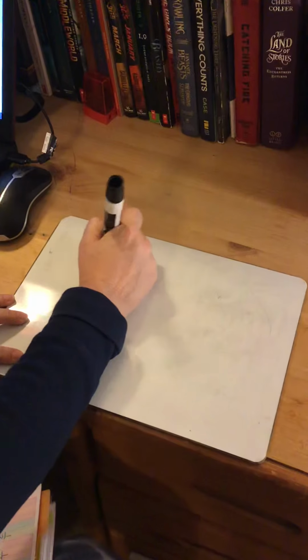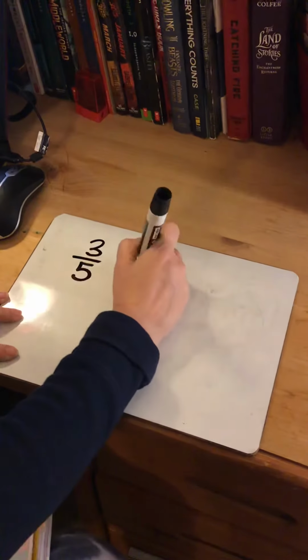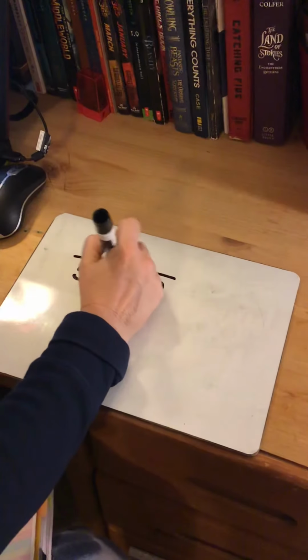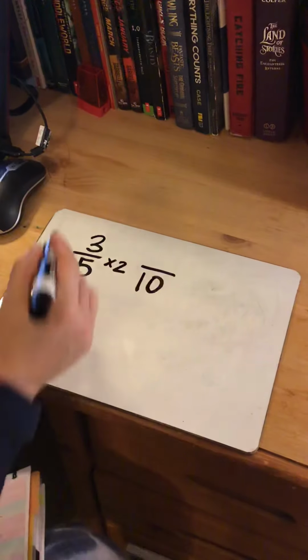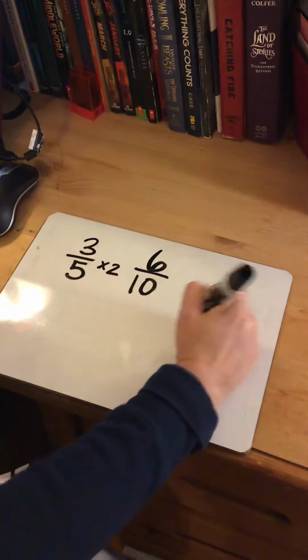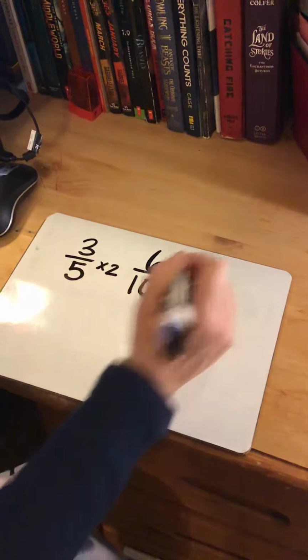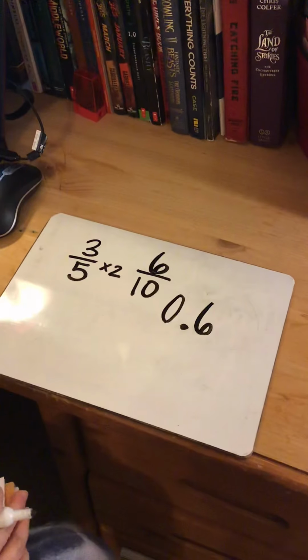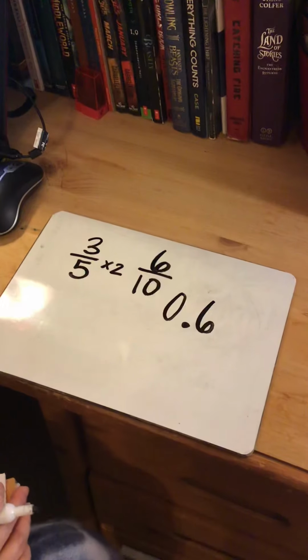If you have 3/5, make that equivalent to 10 or 100. So we already determined 5 times 2 is 10. So 3 times 2 would be 6. 6 tenths would be written like this. Now let's talk about percentages for a minute. Percentages are always out of 100.